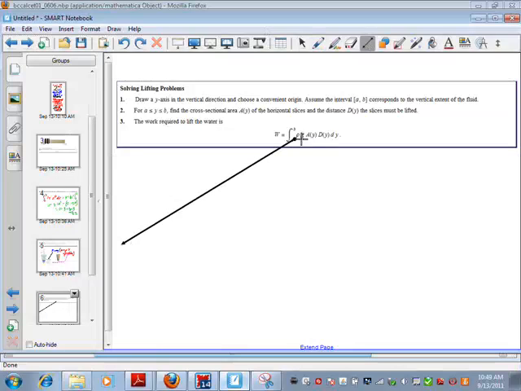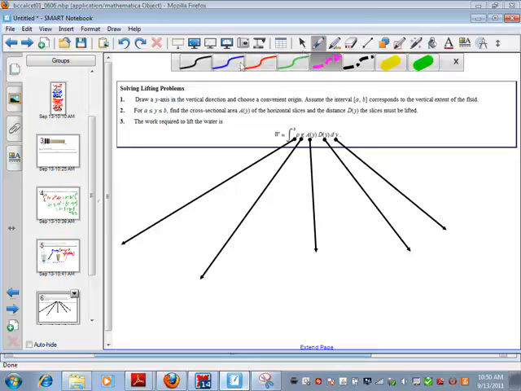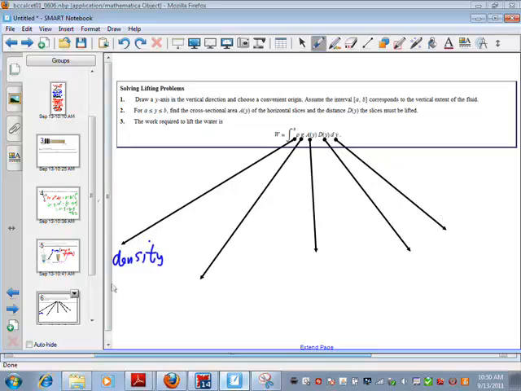This is just density. And that is given, or you have to find it. Gravity.